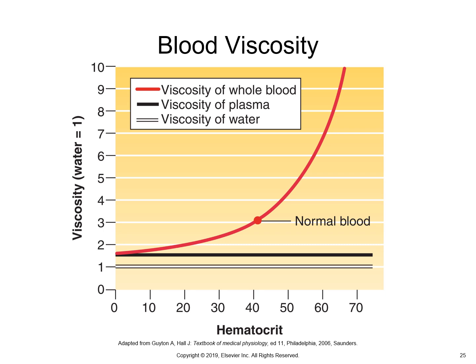So basically, to understand the graph, the x-axis represents hematocrit, which is the percentage of red blood cells in the blood. And the y-axis represents viscosity. So we're talking about comparing the thickness of that blood to water, which has a viscosity of 1. The three lines show the whole blood viscosity, which is our red line.